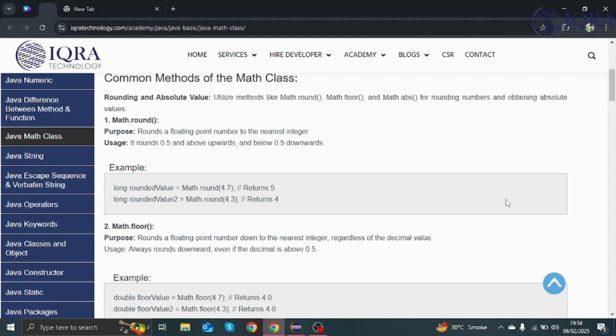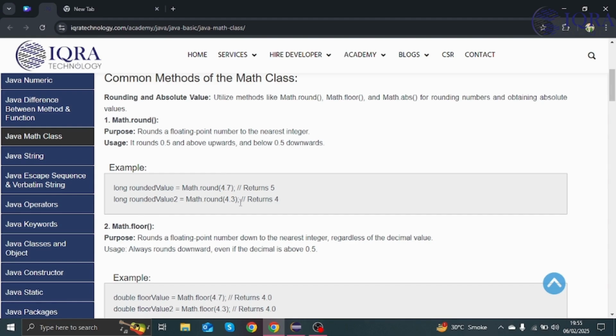Basically, if the first digit after the decimal is less than 5, meaning 4 down to 0, it will round to the lower integer, which is down to the nearest integer. And if the digit is 5 and above till 9, then it will round to the upward integer. Here we have the example: 4.7, as the digit after the decimal is greater than 5, it will give us the upward integer; here it is 4, so its upward integer will be 5.